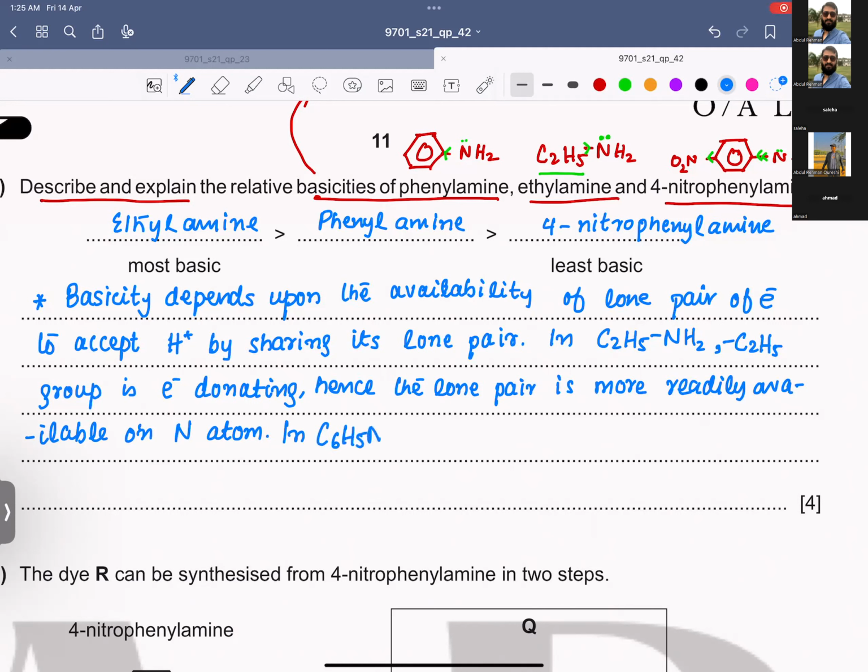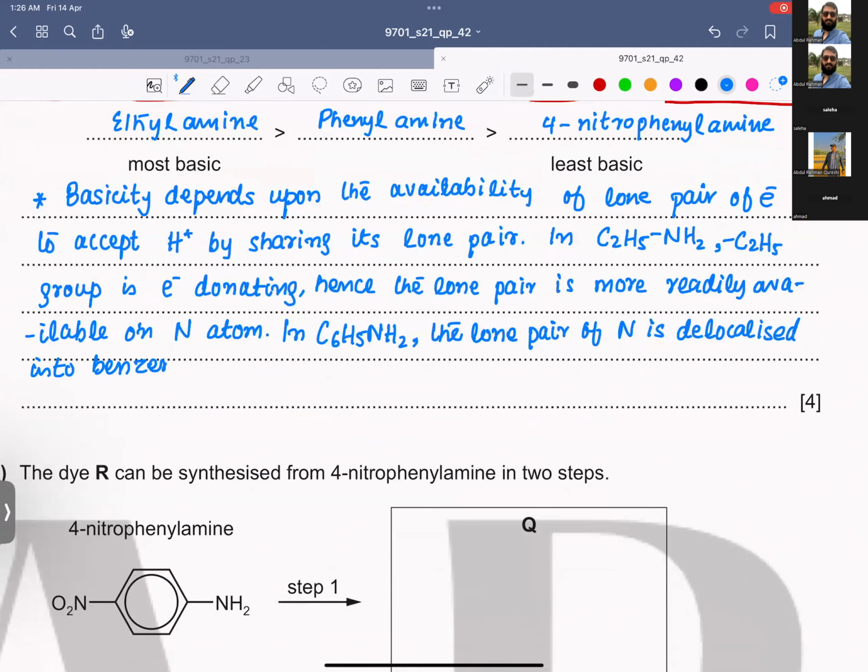In phenylamine, the lone pair of nitrogen is delocalized into the benzene ring.